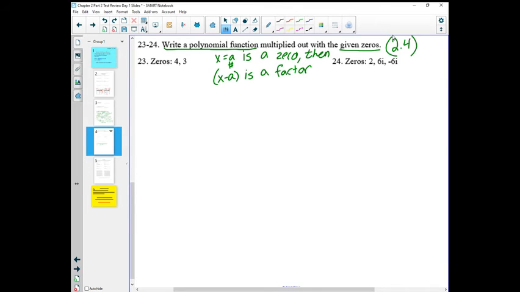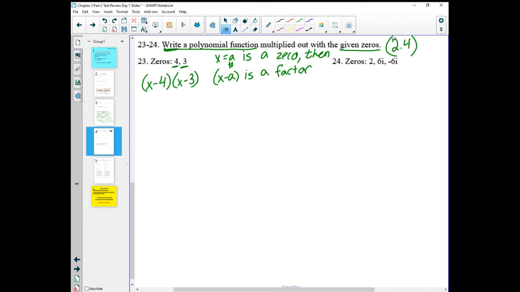So let's do our first one. On 23, the zeros are 4 and 3. Since 4 is a 0, x minus 4 is a factor. Since 3 is a 0, x minus 3 is a factor of some polynomial.